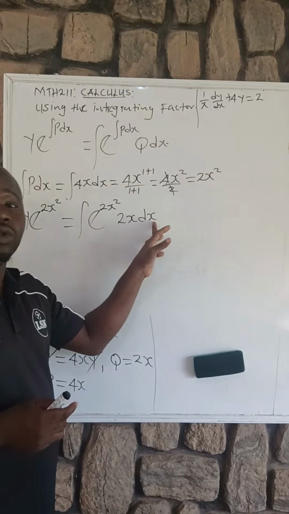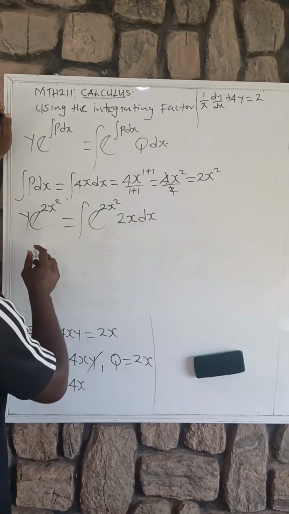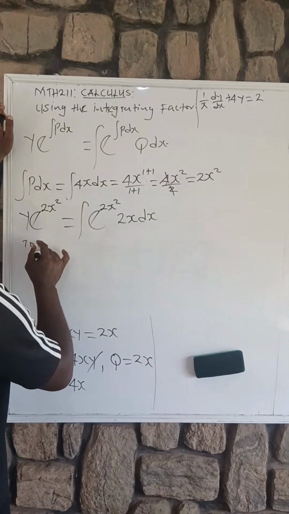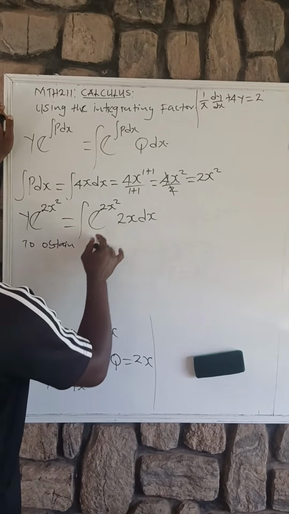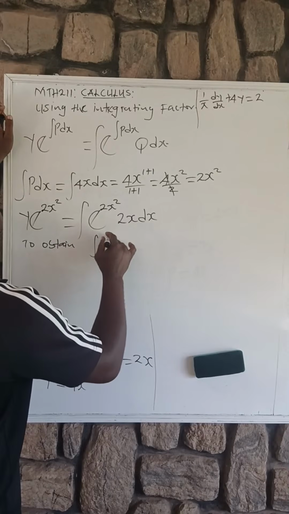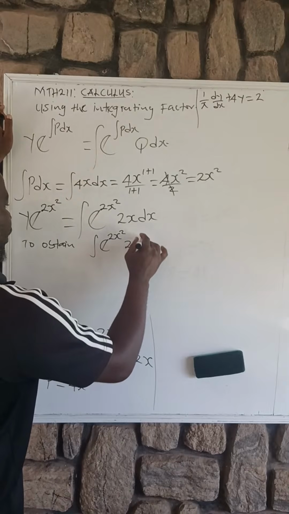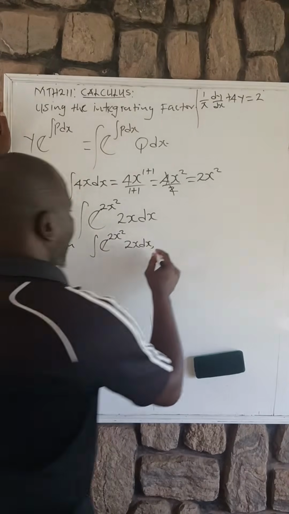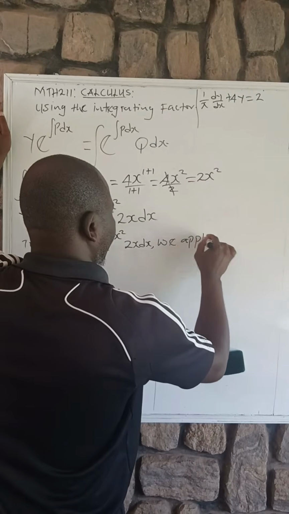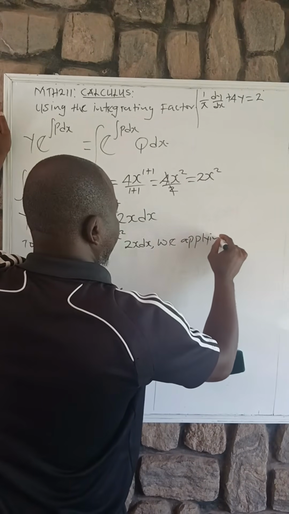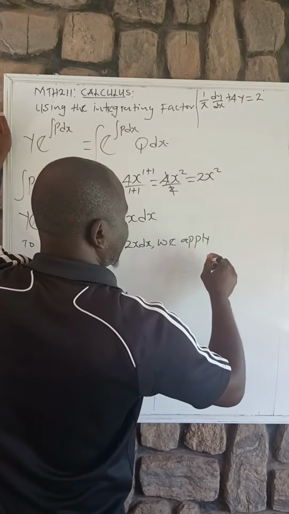So what we need to do is to obtain the integral of exponential 2x squared times 2x dx. We apply what is called integration by parts.